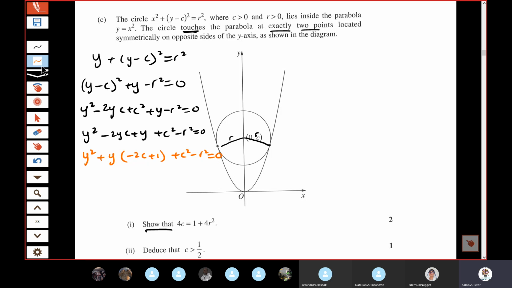And then from there, and then what? Anyone have any ideas? I think if they are to meet, then can you guys see, I don't have a y down here. So I know I can't have y's.